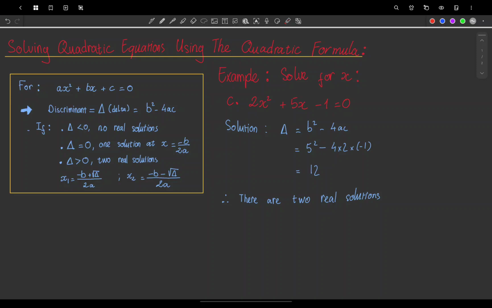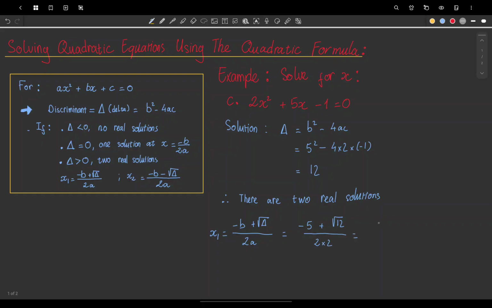So we're going to go ahead and try to solve it. x1 equals negative b plus the square root of delta, or the square root of the discriminant, over 2a, which is equal to negative b, which is negative 5, plus the square root of 12 over 2a, which is 2 times 2.